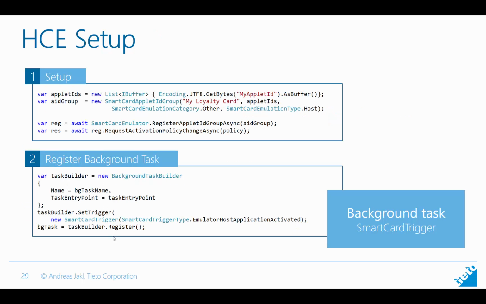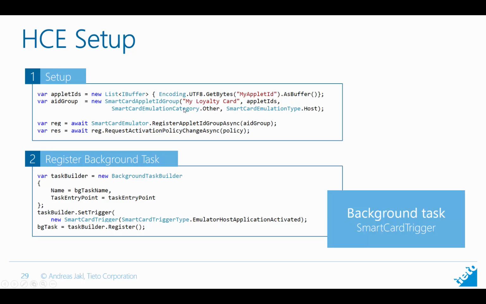For setting it up, it works like this: you have, first of all, a list of applet IDs. So just say, I have a name I call my applet ID. And then in this smart card applet ID group, you just specify this my loyalty card with the ID, and this ID is used by the reader to actually launch your app.